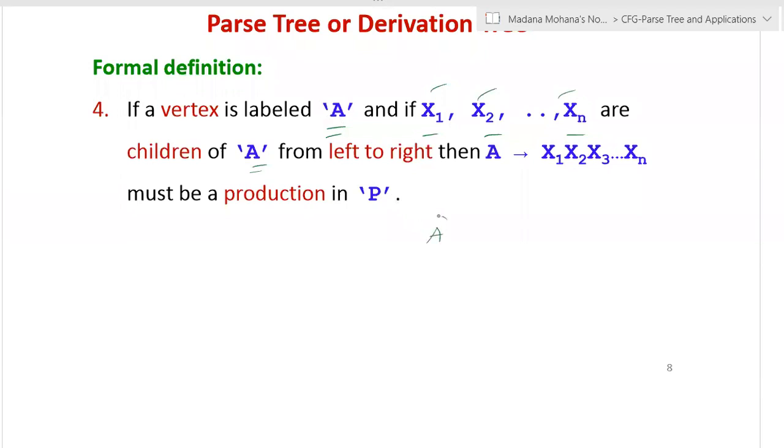Here you can see this is the node A, and here we have the children x1, x2, and so on xn.